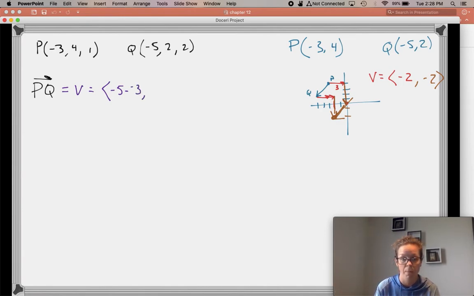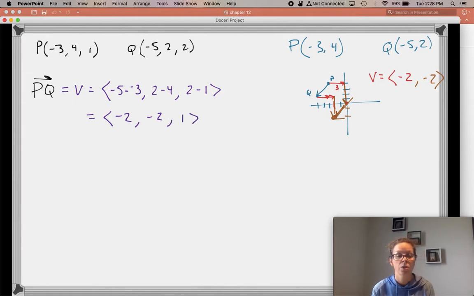So -5 minus -3 for the x pieces, then 2 minus 4 for the y pieces, and then 2 minus 1 for the z pieces. So vector V is going to be (-2, -2, 1). That's the component form of the vector. This would originate at the origin, terminate at the point (-2, -2, 1), and has the same direction and magnitude as the original vector PQ.